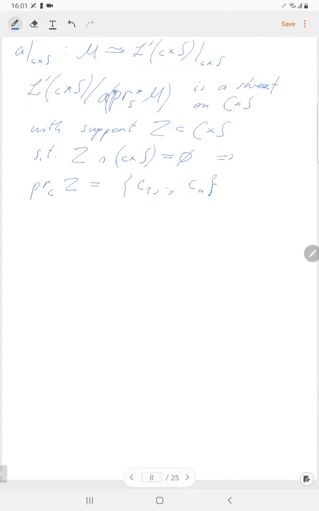But then it means that our sheaf L prime of C times S is the pullback of M twisted by the sum of Ci times S. Okay, and we are done, because, well, this is decomposable.